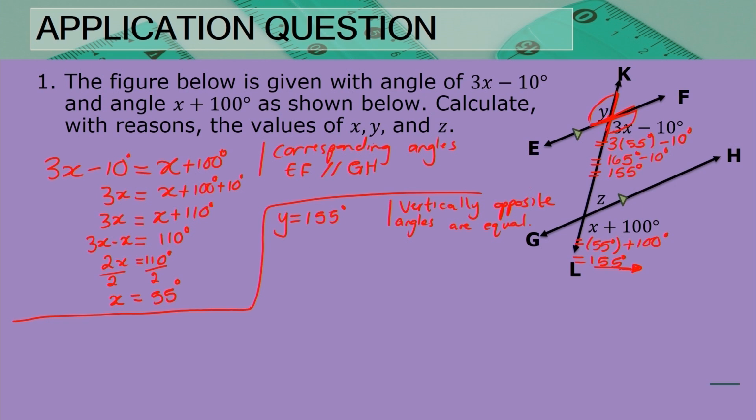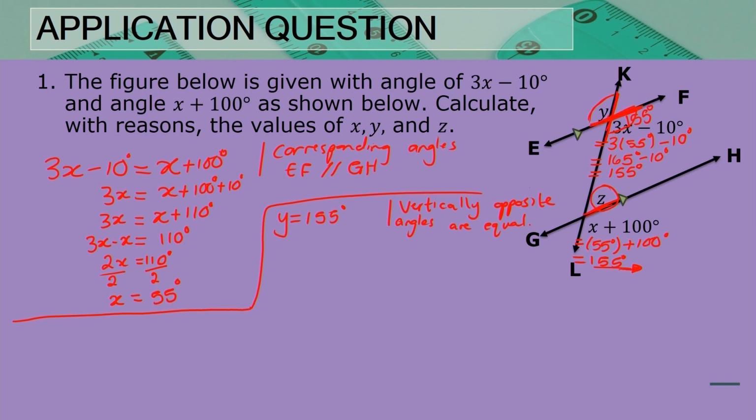Right. Then we have our z, and if we look at where z is placed, it is, of course, on the inside of a parallel line, just like this 155 degrees. It is on the inside of a parallel line. So because they are between two parallel lines on the same side of a transversal, that makes them co-interior angles.